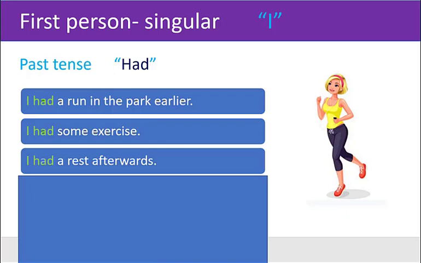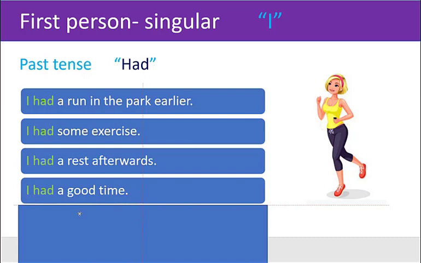It's something I did after the exercise, but it still happened before. And then, I had a good time. It's something I did previously. The have changing to had tells me that it happened in the past.